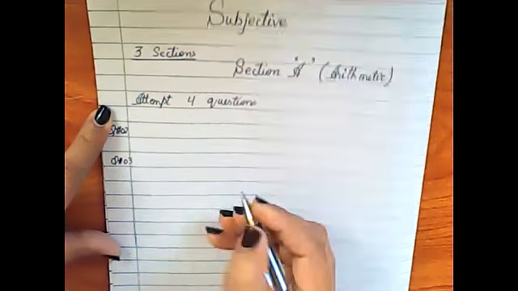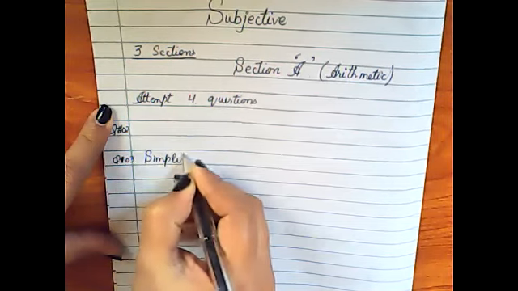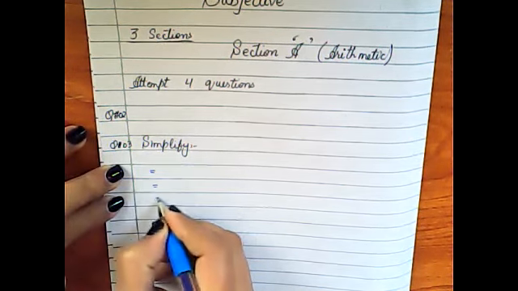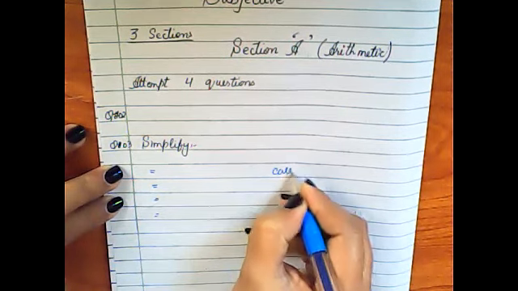Just suppose you have a question, question number 3, to simplify. In the subjective portion, please do not write down the direct answer. You have to write each and every step, because each and every step will carry some marks.